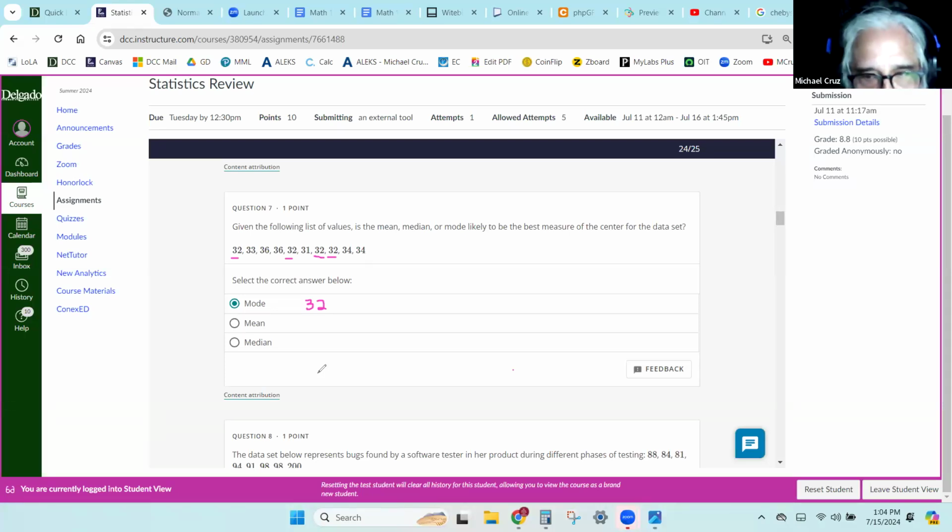So let's see if I can tell you. Well, the mode is the one that repeats. If we did the mean, it takes, and let me just say this: in almost all cases, the mean is the one unbiased estimator that we have because it takes every one of the values into account.